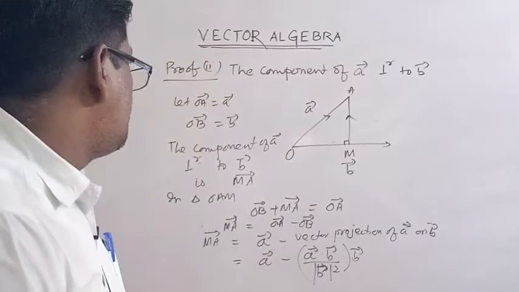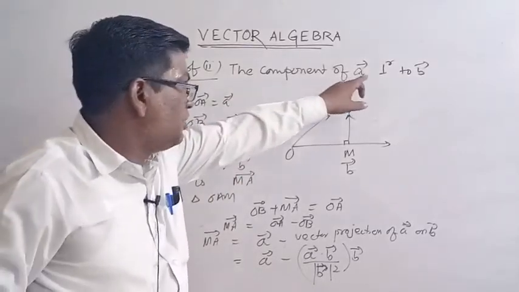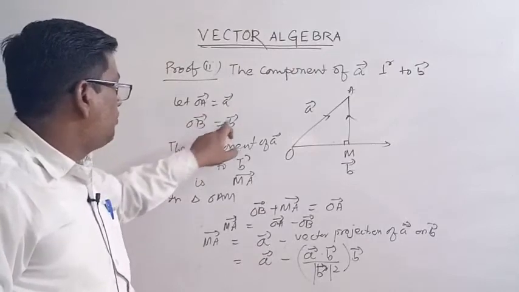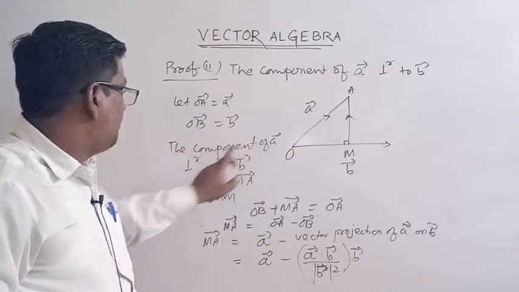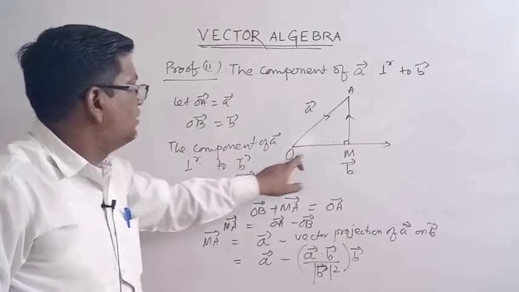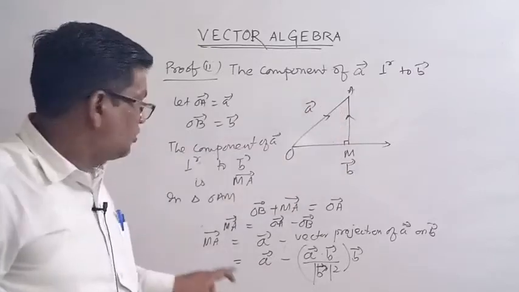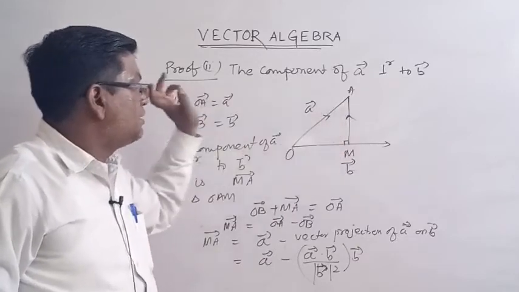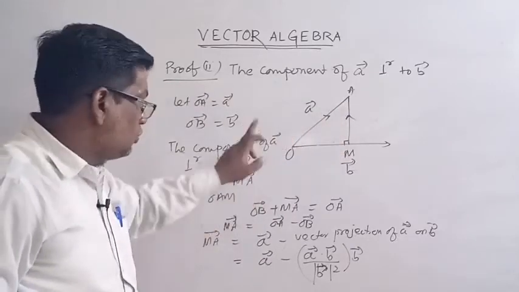Now this is the component of A perpendicular to B. So OA equals A vector, OB equals B vector, and the component of A perpendicular to B is the MA vector. In triangle OAM, this plus this is equal to A vector, that is OA.